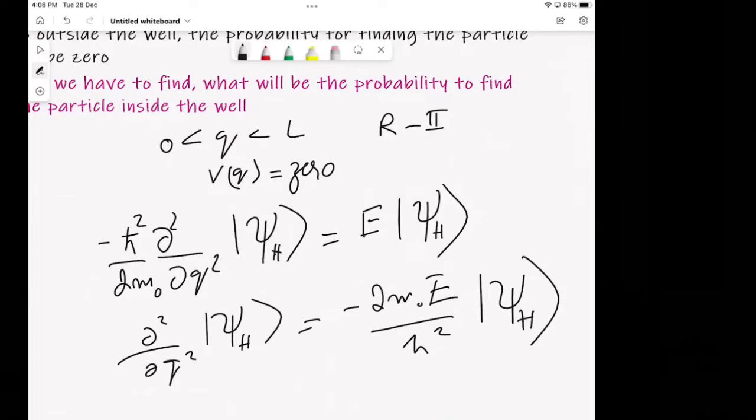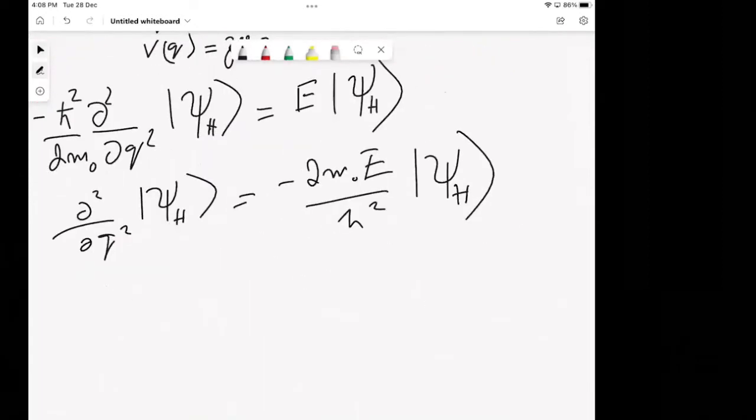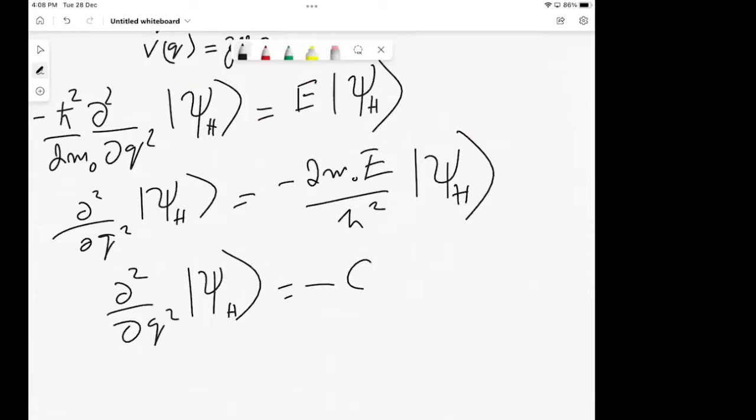And if we consider that this is c square, as I have done in the previous, you may also have studied it in the solution of the time dependent Schrodinger equation, that we will replace with minus c square, to avoid the square root.